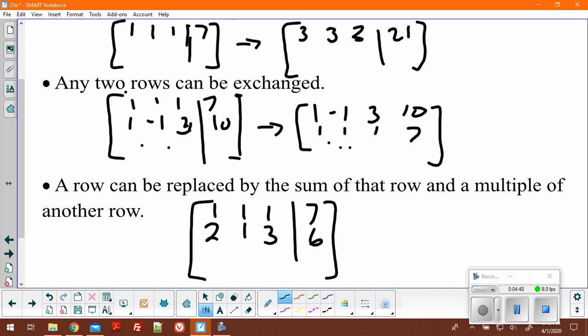If I was trying to do elimination, remember this is my x. So this row has a 1x, this has a 2x. If I want to eliminate x, I would need to multiply my top row by 2. So I'd have a 2x there.